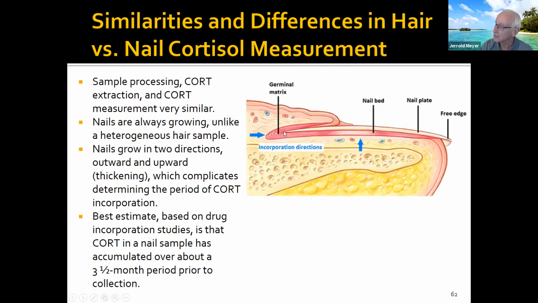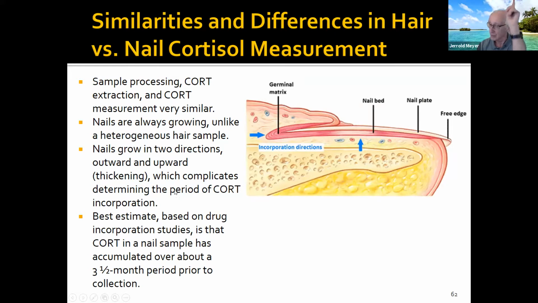And the germinal matrix, these are dividing cells, which give rise to the nail plate. So this would be sort of comparable in a way to the follicle cells in the skin that make the hair shaft.